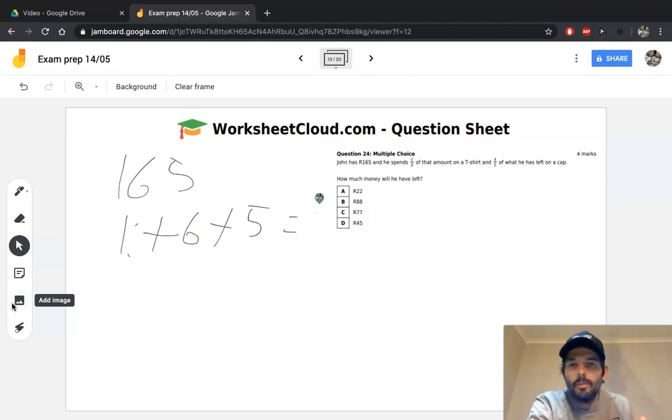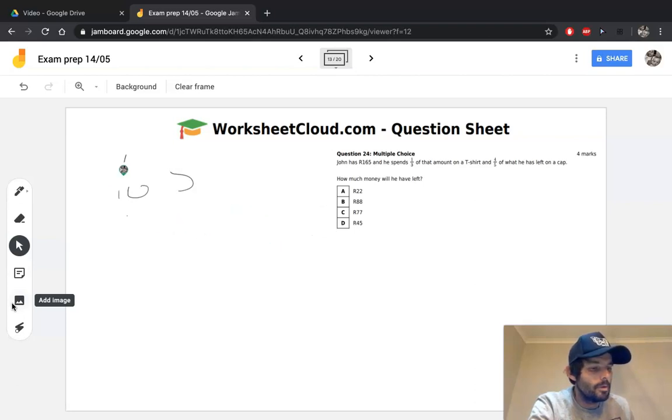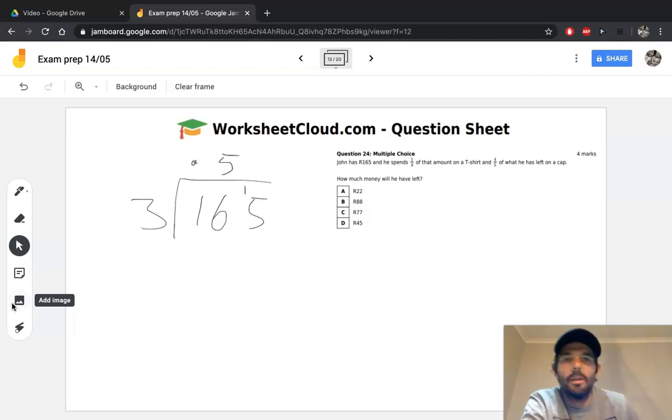I know that 12 can be divided by 3, so therefore 165 is divisible by 3 with no remainders. Okay? And I can do that in a short division sum because we're only dividing by 1 digit. 3 doesn't go into the 1, it goes into the 16 5 times with 1 left over, and it goes into 15 5 times again. So the t-shirt costs him 55 Rand.